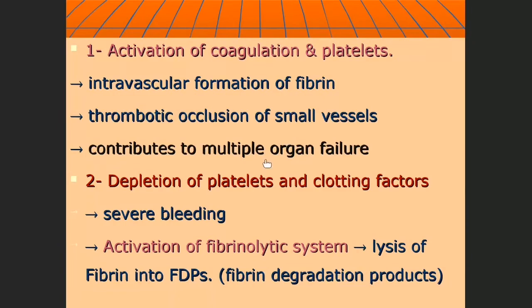There is also depletion of platelets and clotting factors, resulting in severe bleeding. The fibrinolytic system is activated to maintain hemostasis, to lyse the fibrin into fibrin degradation products to limit spread. Clear?